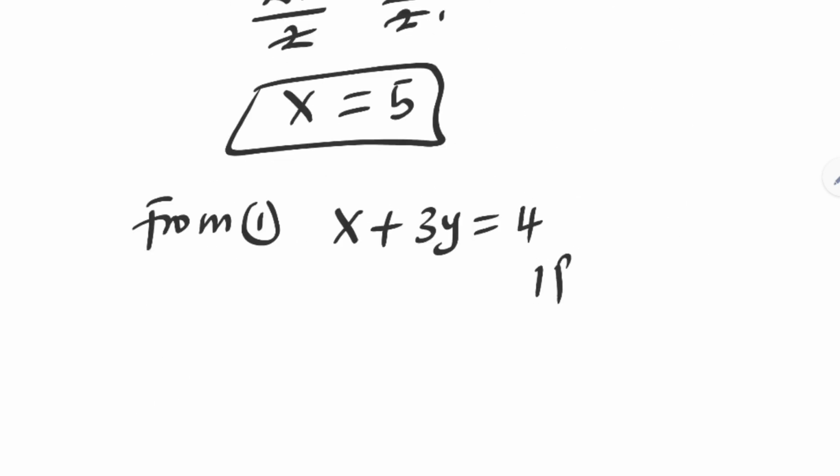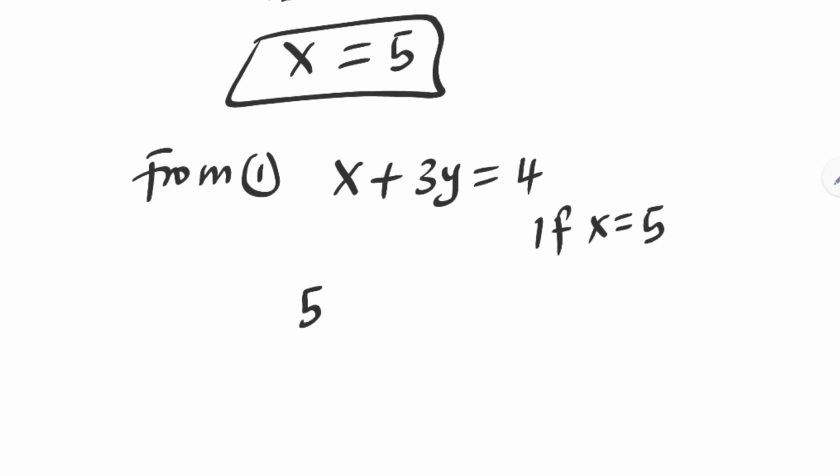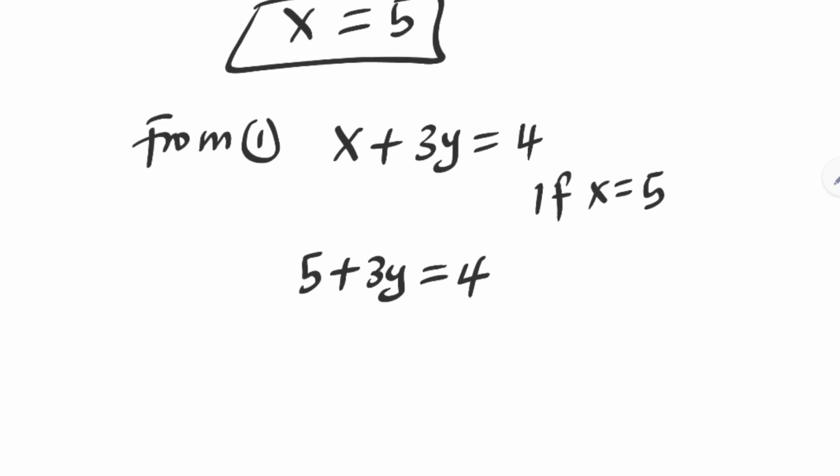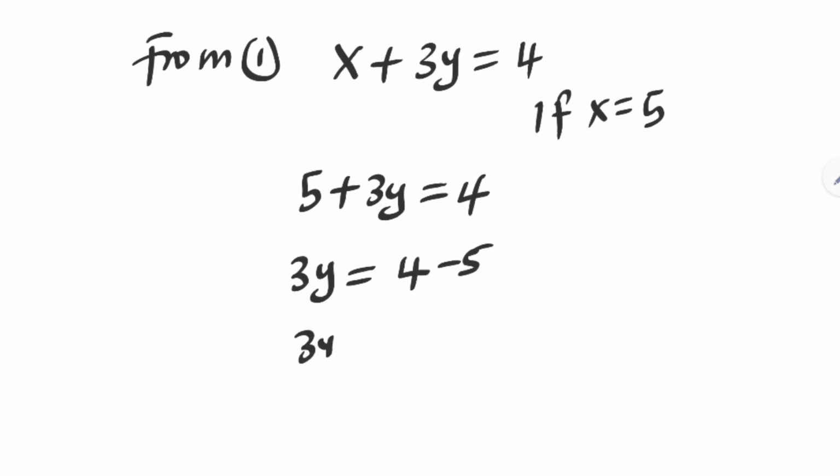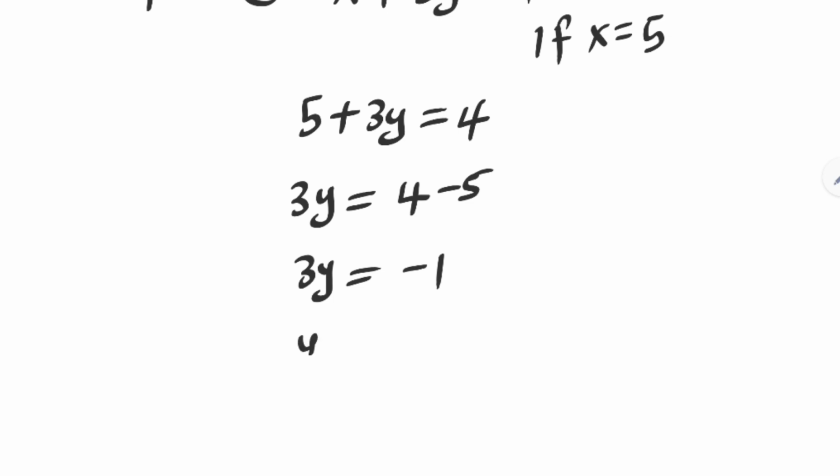Now, if x is equal to 5, this is 5 plus 3y is equal to 4. Then 3y is equal to 4 minus 5. 3y is equal to minus 1. Then y is equal to minus 1 over 3. This is the value of y.